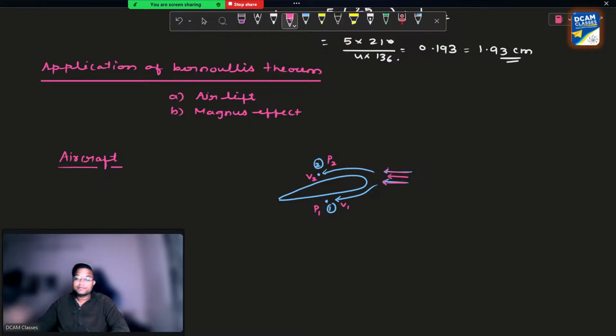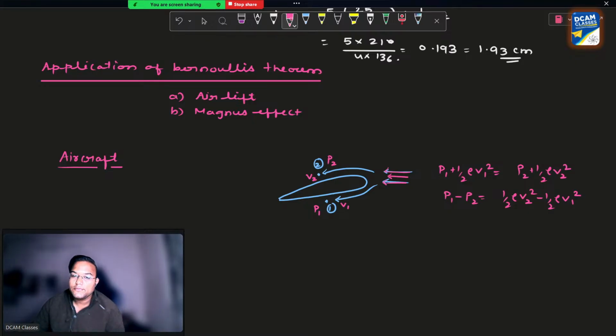Now, if we apply Bernoulli's theorem at points 1 and 2, we get P1 plus half rho V1 square is equal to P2 plus half rho V2 square. Correct? Now what we need: P1 minus P2 is equal to half rho V2 square minus half rho V1 square.